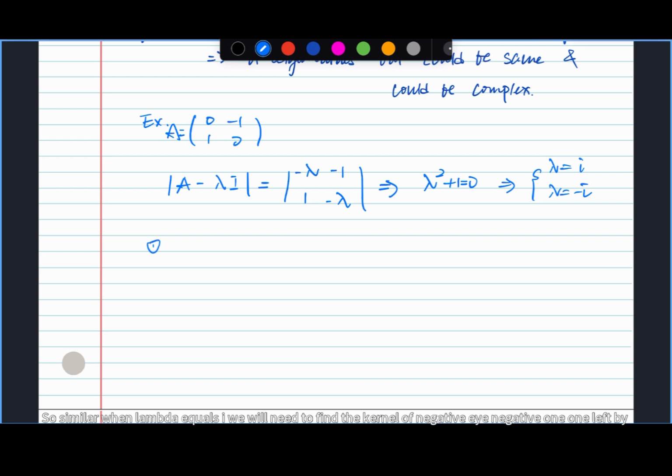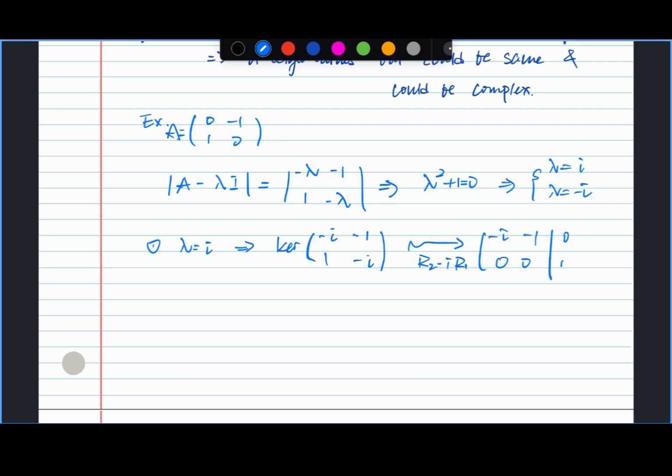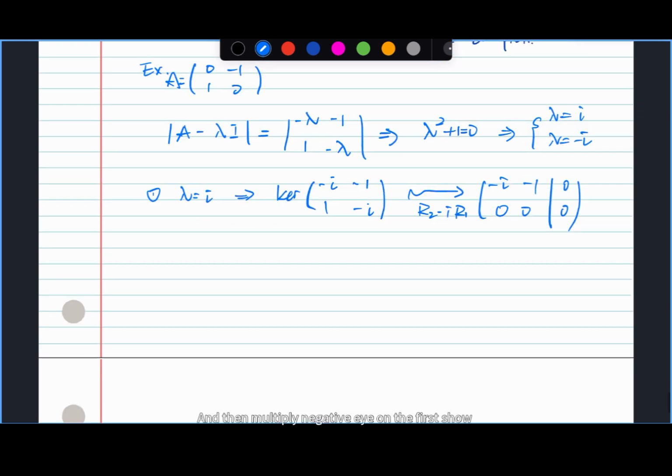Similarly, when lambda equals i, we will need to find the kernel of (-i, -1; 1, -i). For the second row, do row 2 minus i times row 1, then I would end up with a row of zeros.